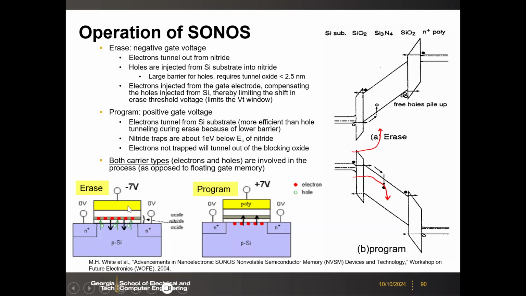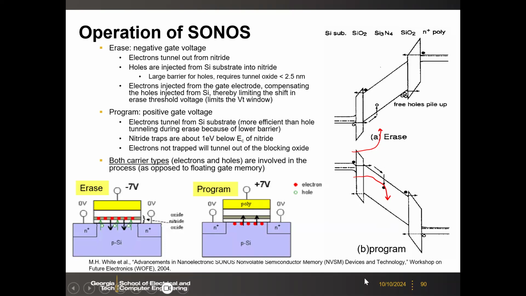And then erase, you reverse the voltage. Let's say negative 7 volts on the gate, or you can apply positive 7 volts from the substrate. So here, the band diagram between program and erase is shown.